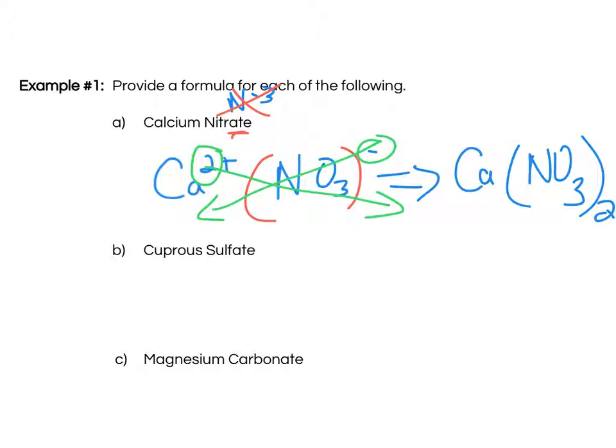Here I have cuprous sulfate. Again, we have some layers here. Right here I have this cuprous, and that's a Latin name with the OUS ending. That tells me I need to look on my periodic table and find copper with the lower of its 2 possible charges. Copper has a 2 plus charge over here on the side, or a positive 1. So it's +1 or +2.